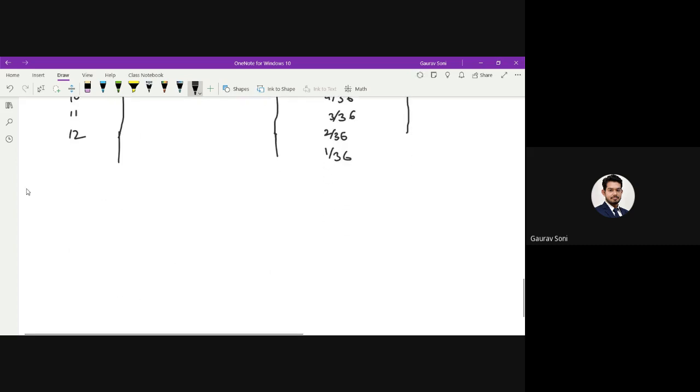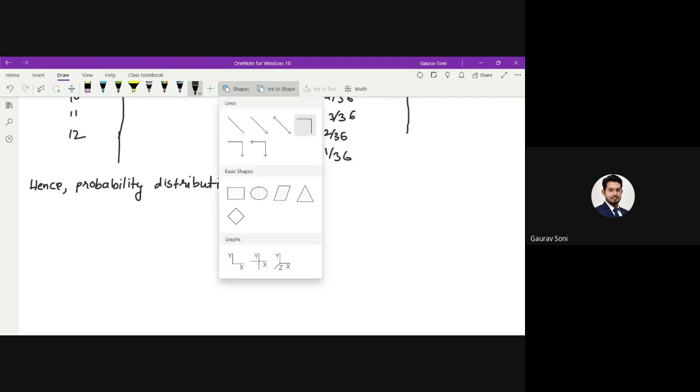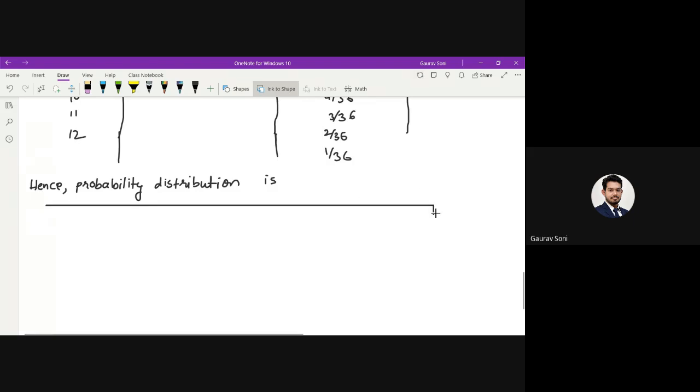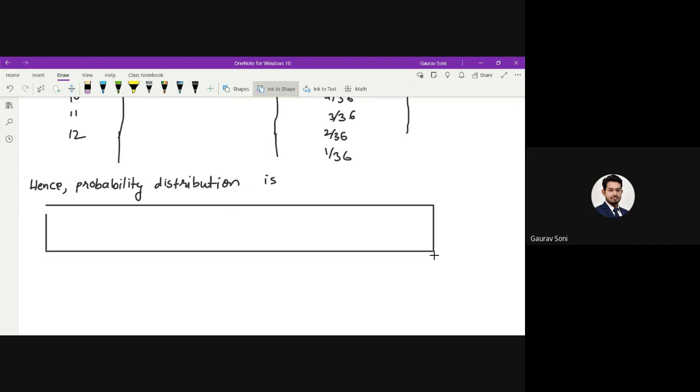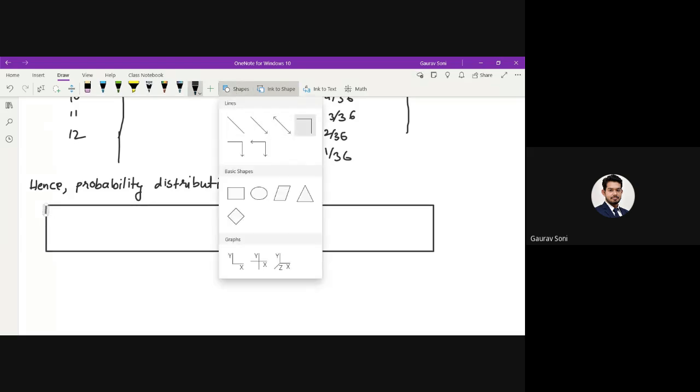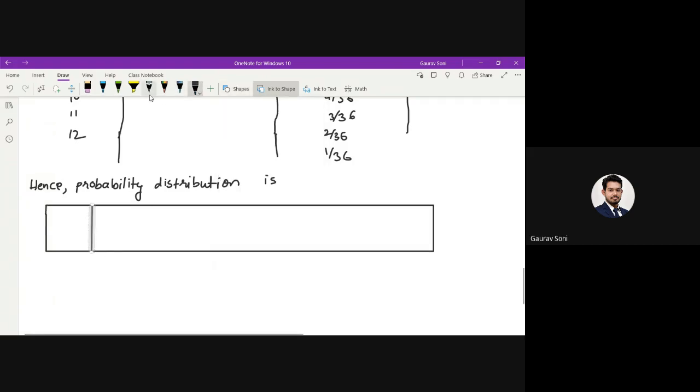I'll make the table now. Hence the probability distribution is: X and P of X equal to xi.